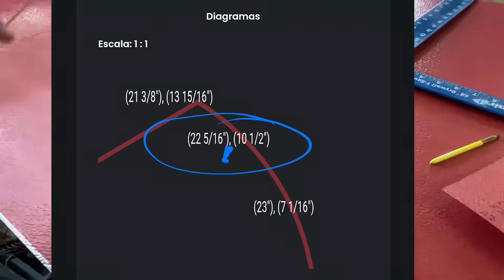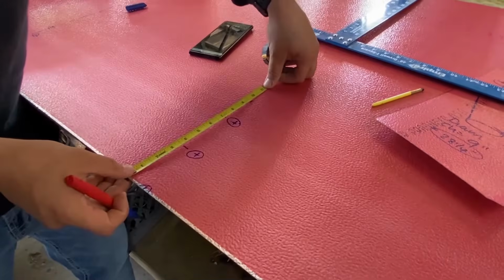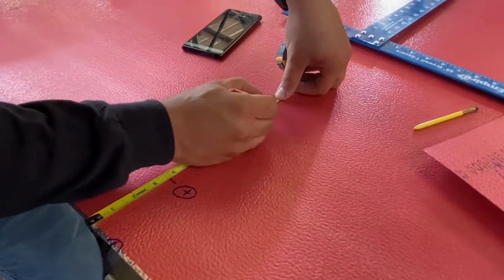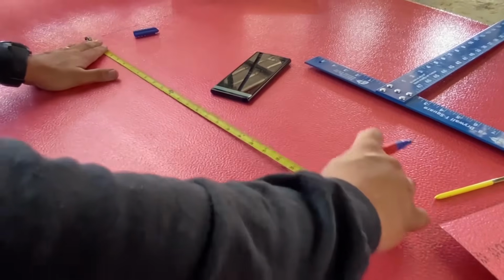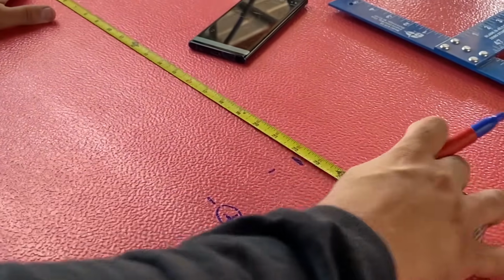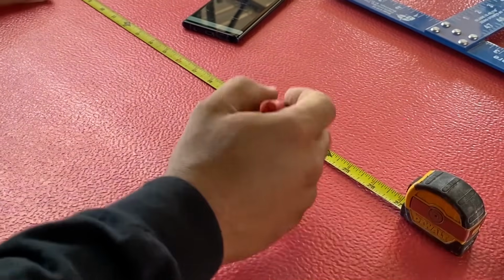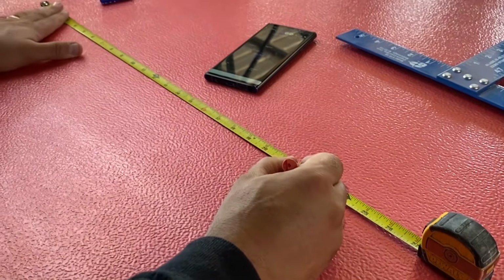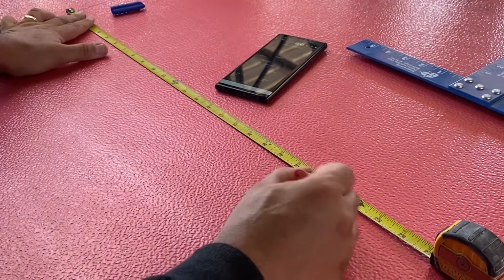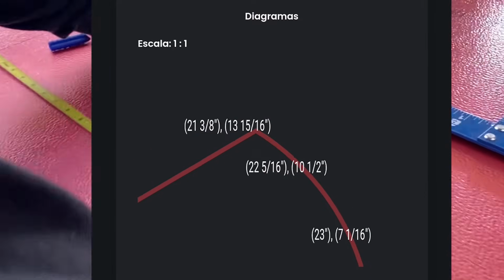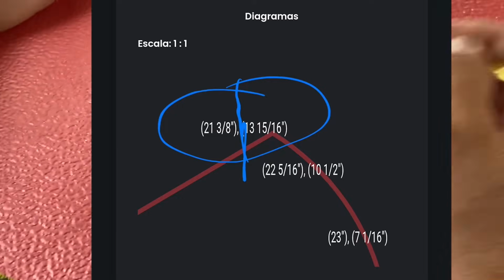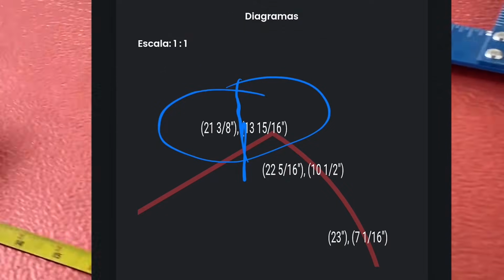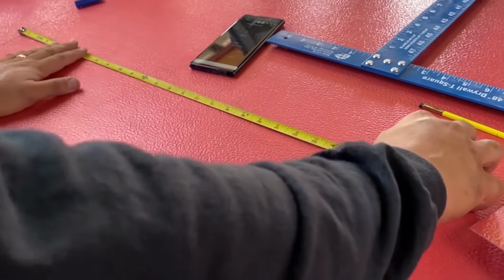And 10.5. In the next point, the last one, 21 inches 3/8, like this, and 13 inches 15/16.